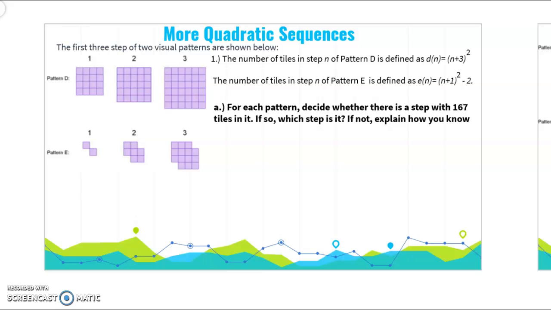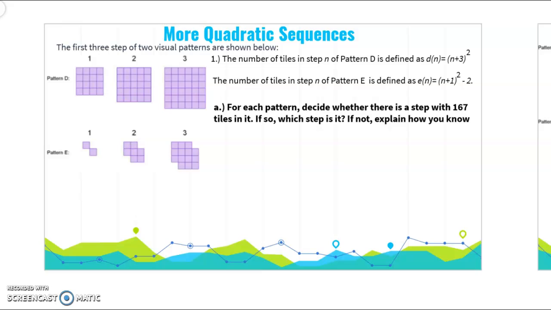So for each pattern, we're going to decide whether there is a step with 167 tiles in it. We're going to try to see at what step, 5, 6, 12, 45, whatever, how many tiles there will be if it's 167.